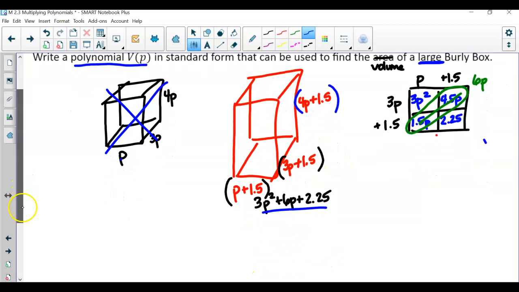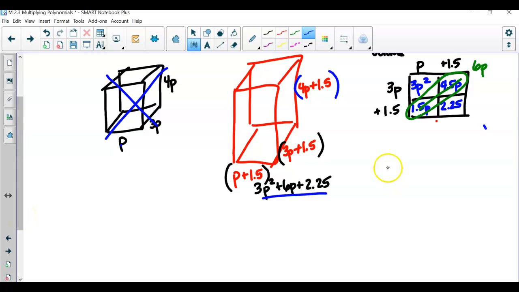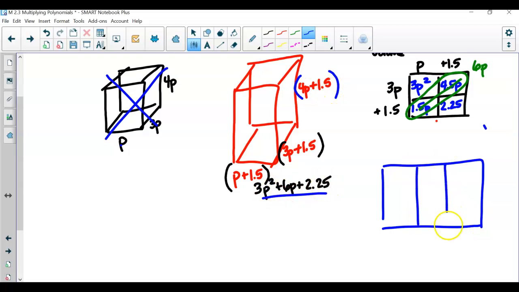So now we need to set up our last box here. But this is now 3 terms from our answer here times 2. So I have 3 by 2. So 3P squared plus 6P plus 2.25 times 4P plus 1.5.